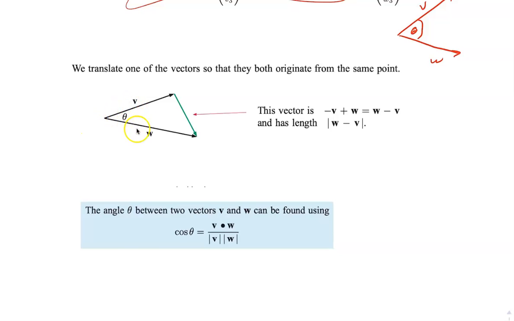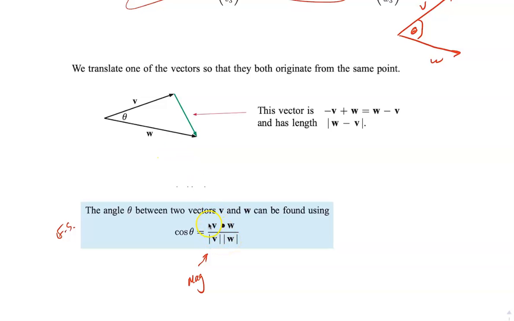And then if you want to find that angle right there, we have a simple formula for it, which again is on the formula sheet, and that is this right here. Cosine of the angle equals the dot product of the two vectors over the absolute value of v times the absolute value of w. Remember what that means? Magnitude. So if you want to find the cosine of this angle, it's just the dot product of those two vectors over the magnitudes of those two vectors multiplied together.